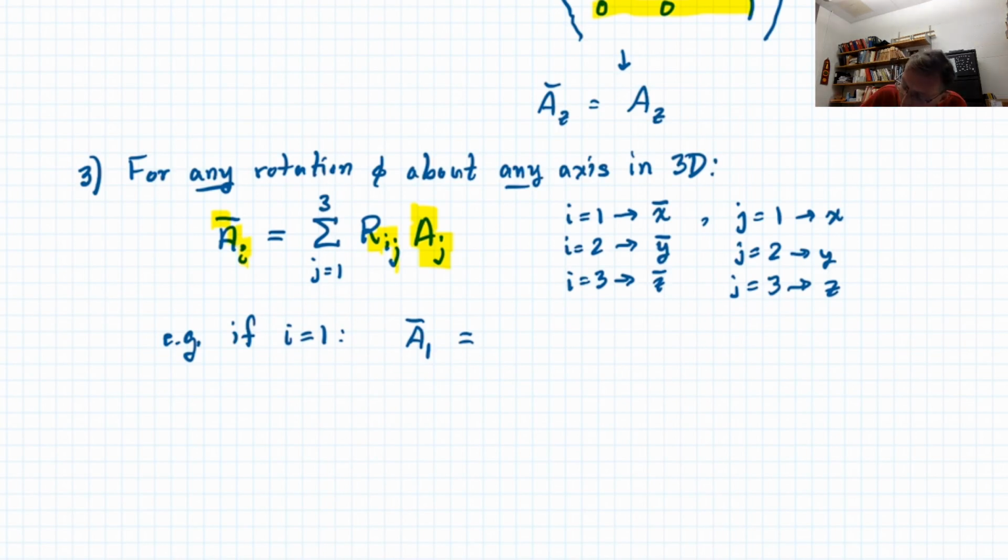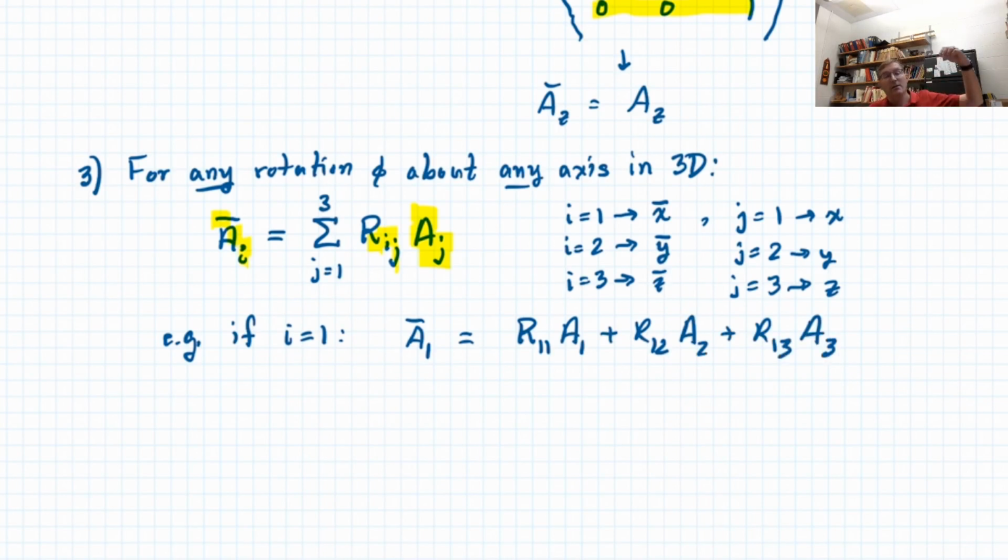So this will have terms like R_11 times A_1 plus R_12 times A_2 plus R_13 times A_3, which is exactly what you would get if you multiplied the first row of the R matrix with the column matrix A and added up as you worked your way across.